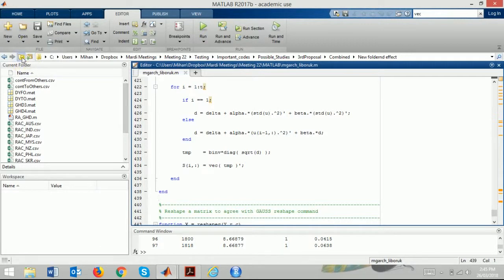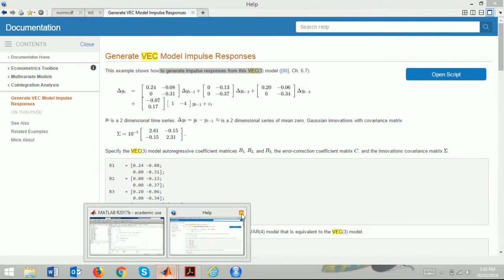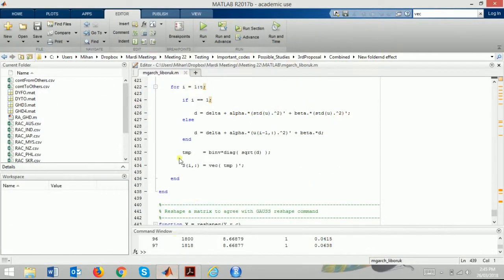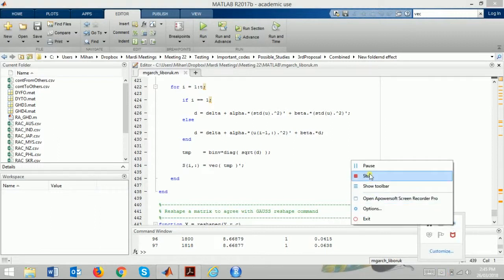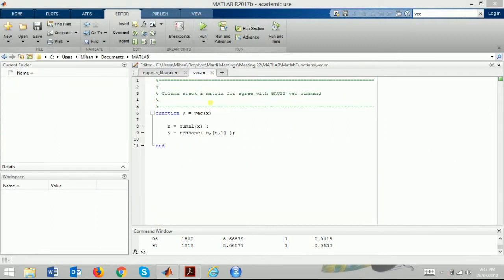Or for some reason the program has become very slow. So it seems Vic is also column stacking of a matrix.